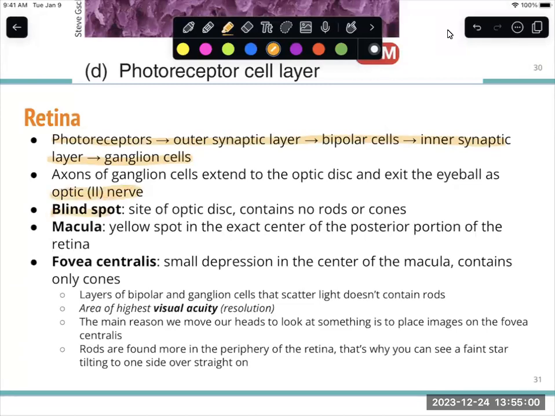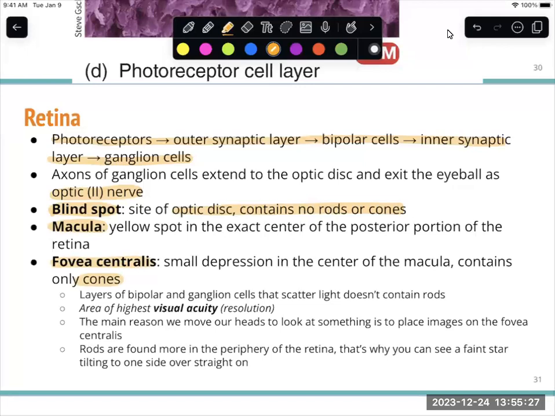I mentioned that blind spot where that optic disc is. There's no rods or no cones. I mentioned that macula. This is on the back of that retina. And in the middle, we have that fovea centralis, as I mentioned. This contains only cones, because I said it was the most precise vision we have.